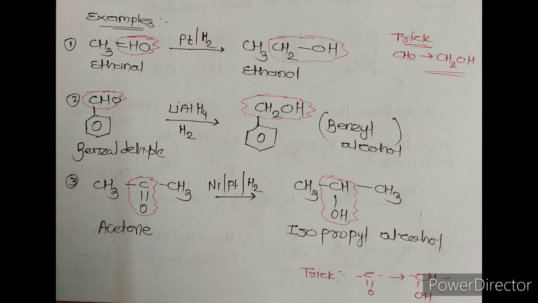Now the third reaction: CH3COCH3, acetone or propan-2-one, reacts in the presence of nickel or platinum catalyst and forms CH3CHOHCH3. Here the ketone group is converted into a secondary alcohol, so we put CHOH instead of C=O.